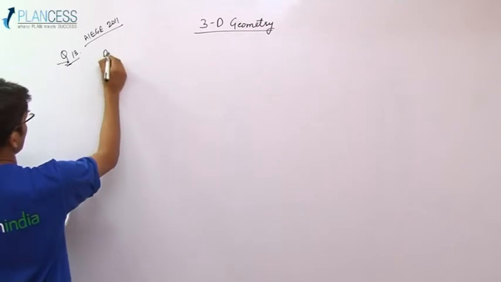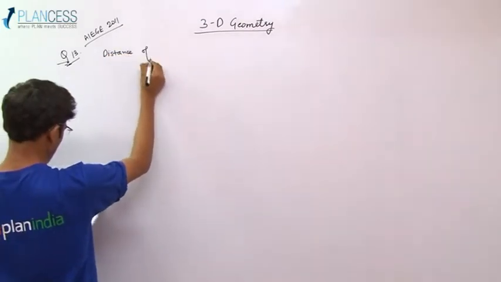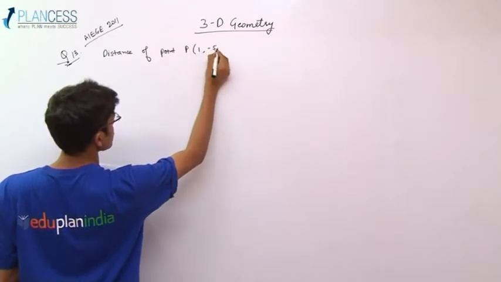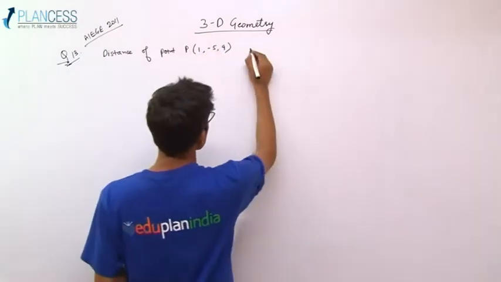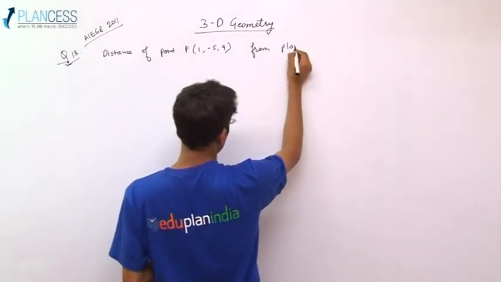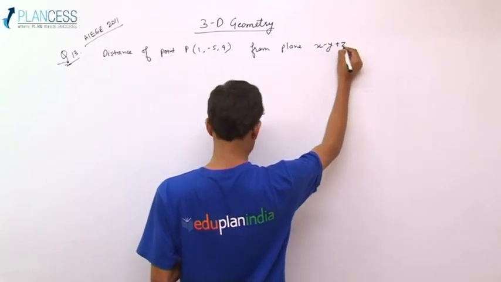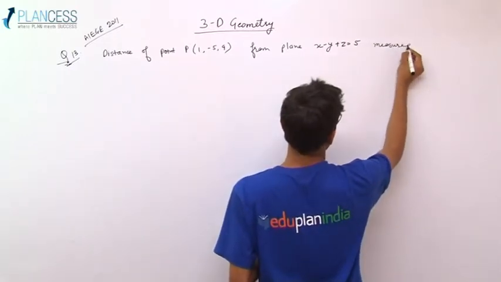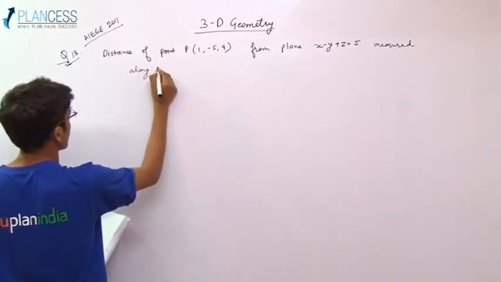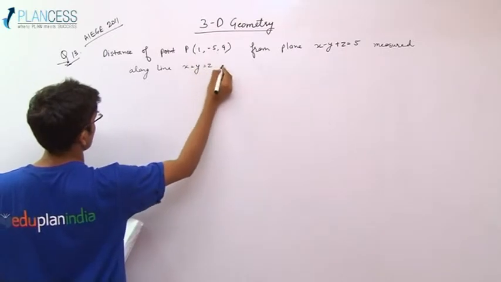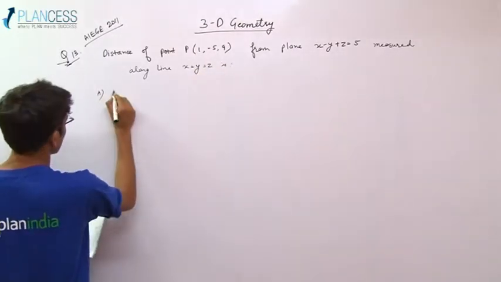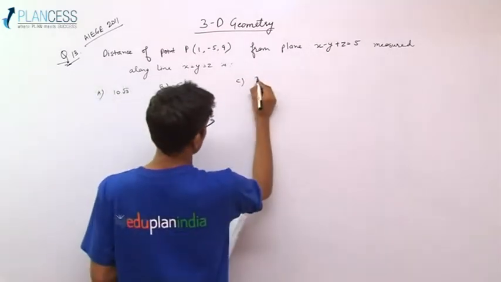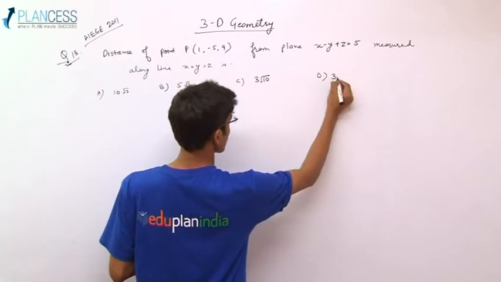The distance of the point P (1, minus 5, 9) from the plane x minus y plus z equals 5, measured along the line x equals y equals z, is: 10 root 3, 5 root 3, 3 root 10, 3 root 5.